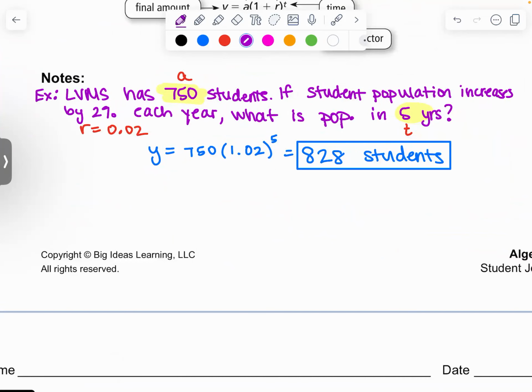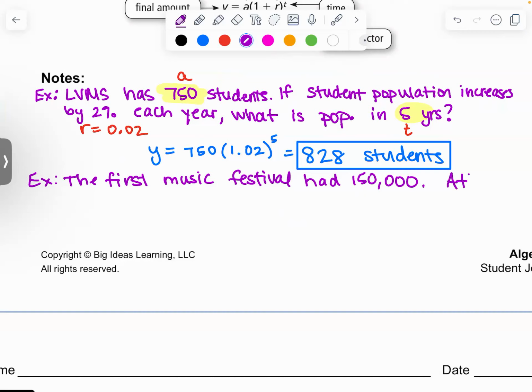Okay, so let's try another one. The first music festival had 150,000 in attendance. Attendance increases 8% each year.